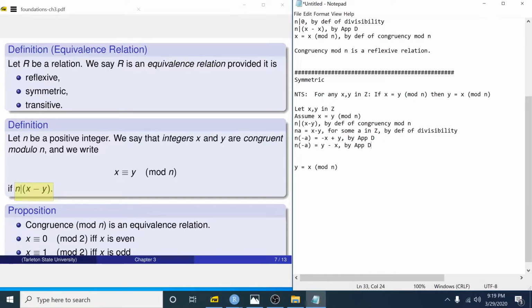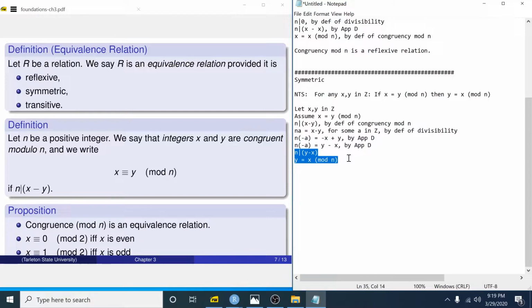But actually think about what we've said now. We've said that n times the integer negative a is equal to y minus x. But that actually means that n divides y minus x. And lo and behold, if we now consult the definition over here, x is congruent to y if n divides x minus y. Well, that means y is congruent to x if n divides y minus x. And that's exactly what we have here. N divides y minus x.